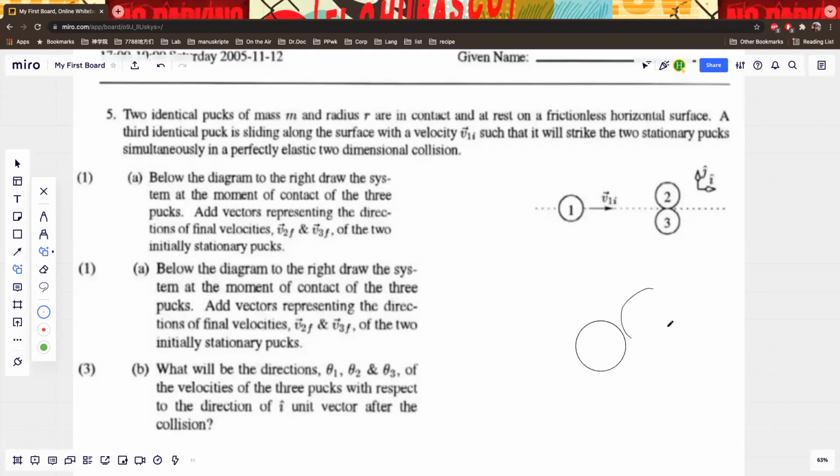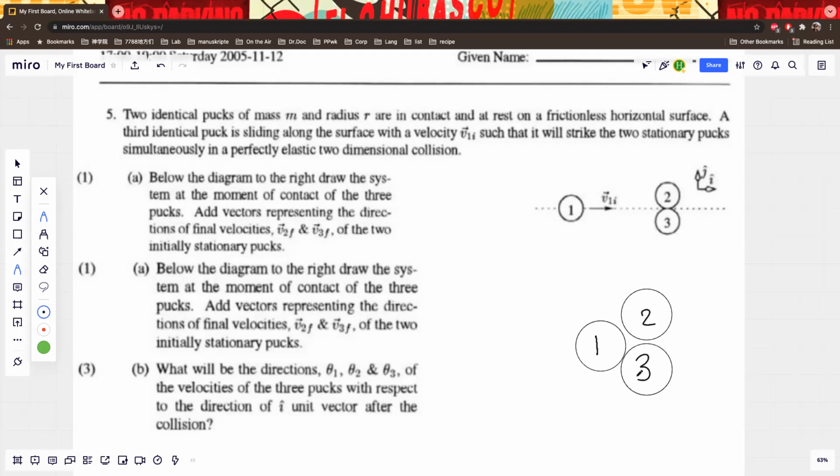And then it says to add the vectors representing the directions of the final velocities v2 and v3.